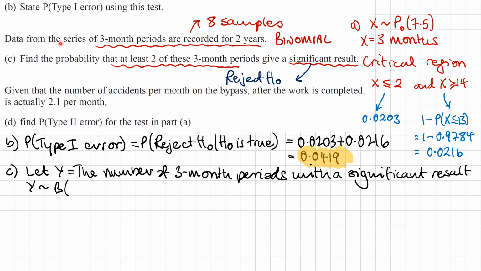I've got 8 sets of data, so my sample size is 8, and the probability I'm going to get a significant result is going to be this 0.0419 when I reject H0. And what I want to do is find the probability when y is at least 2, so greater than or equal to 2, which means it's 1 minus the probability that y is less than or equal to 1.